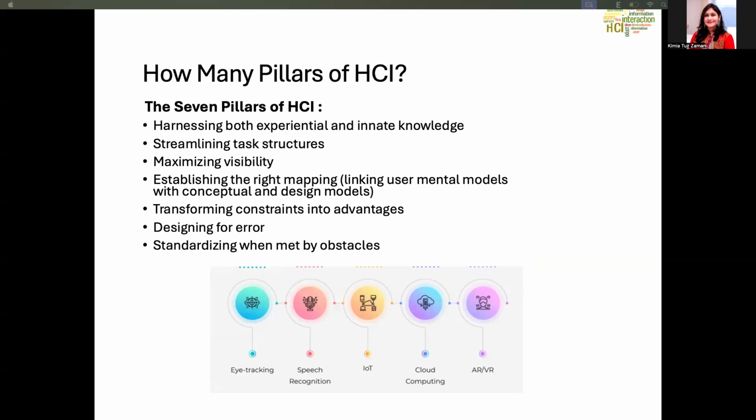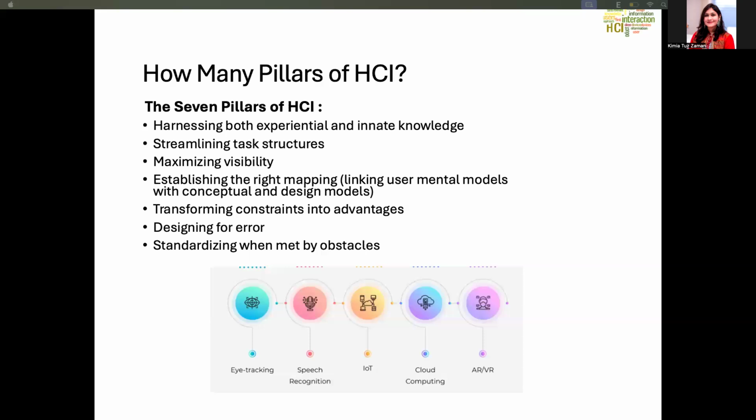So, here are the seven pillars. For example, things like designing for errors, maximizing visibility, and mapping systems to human mental models.